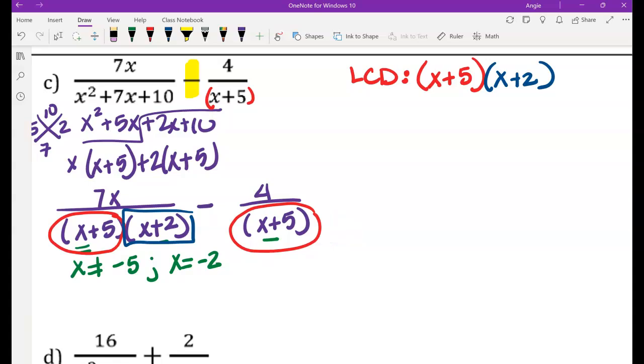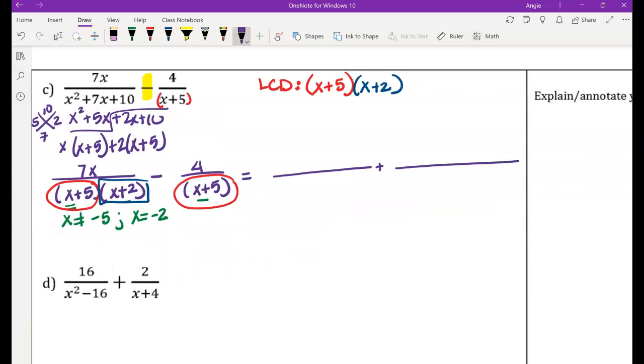So next we are going to write two big blank fraction bars and write your LCD below: x plus 5 times x plus 2. Oh, this is a minus question, guys, so be careful, minus. All right, so let's see.